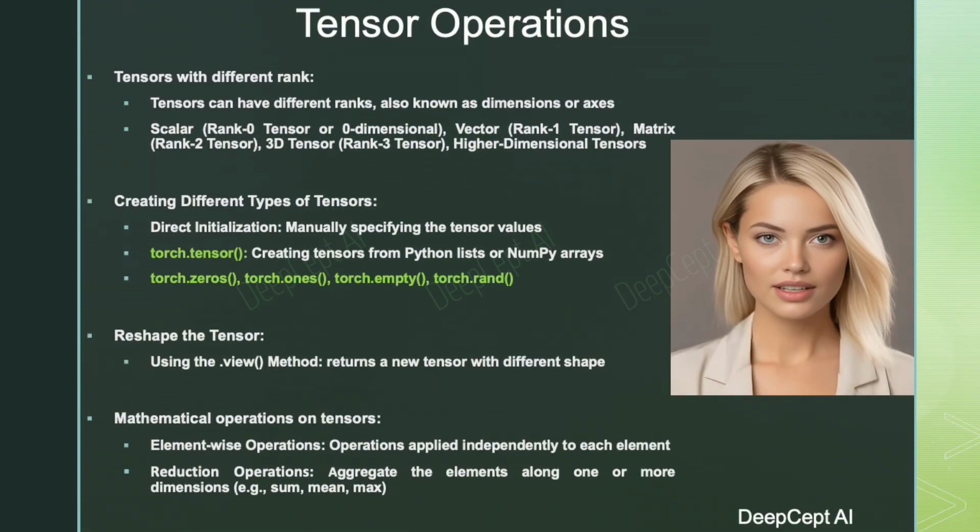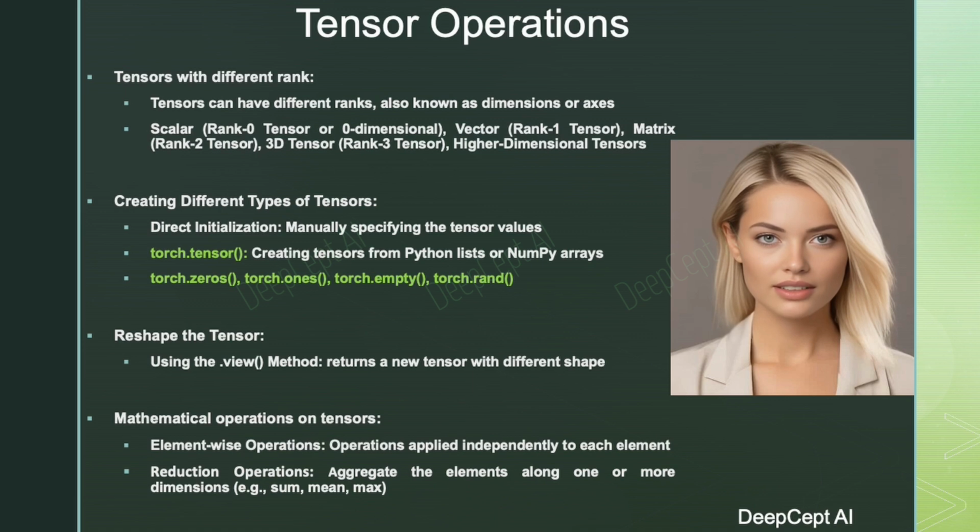As we discussed earlier in PyTorch, tensors serve as the fundamental building blocks for representing and manipulating data, with different tensor types accommodating varying ranks or dimensions. Scalar tensors denote individual numbers, while vector tensors represent one-dimensional arrays of numbers.